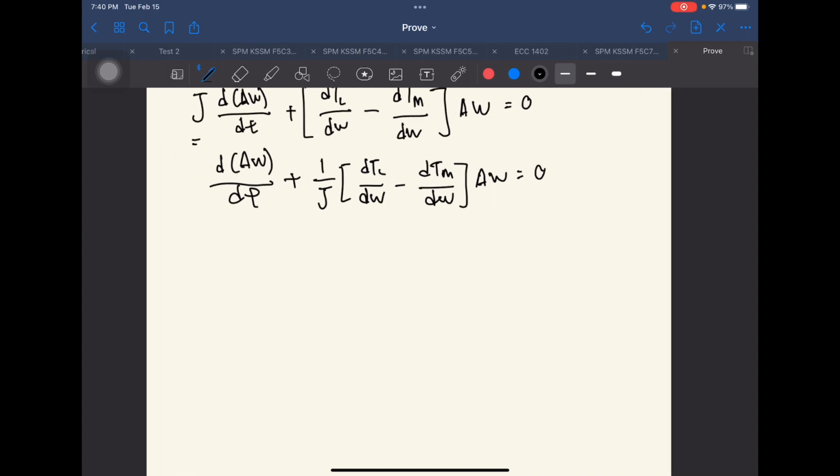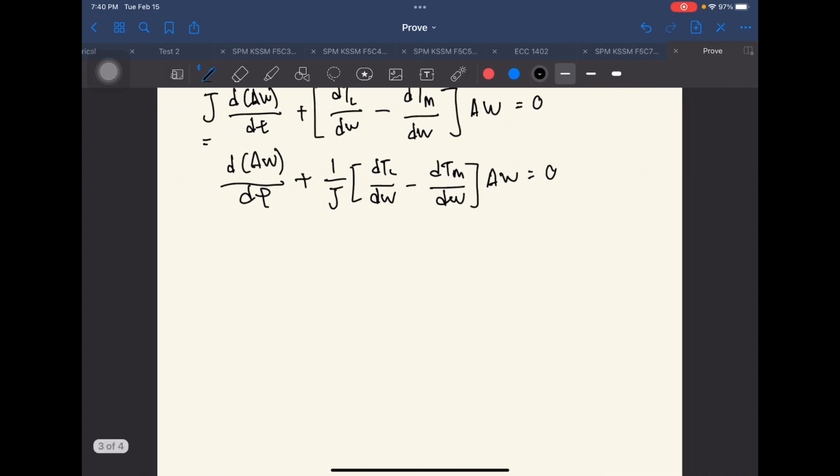So here is a first order ODE equation, and it looks like this. The general ODE equation is something like this, where your y is delta omega in this case, and x is your t in this case.